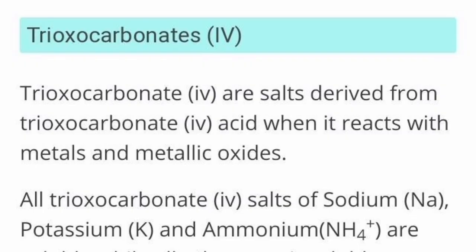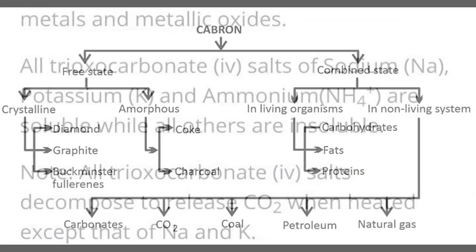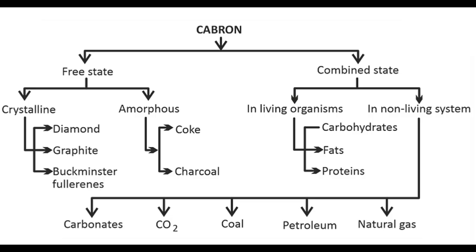Trioxocarbonates 4 are formed naturally when trioxocarbonate 4 acid, which is formed when carbon 4 oxide dissolves in water, reacts with free metals, metallic oxides or other dissolved salts. So metallic trioxocarbonates 4 are usually found in natural ores and deposits.